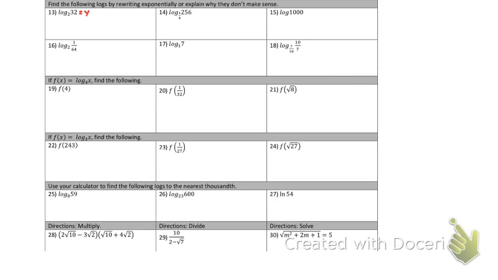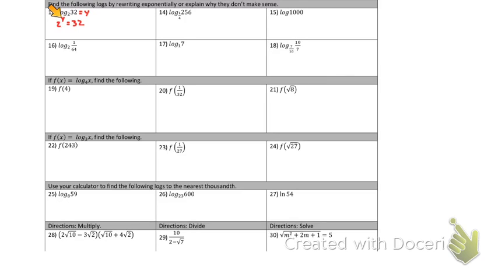So I'm going to rewrite it in exponential form. It's basically 2 to the something power is equal to 32. Once we can figure out that power, we are good to go.